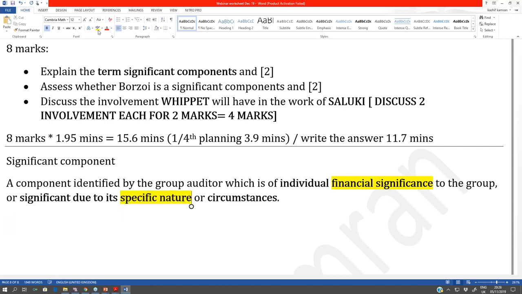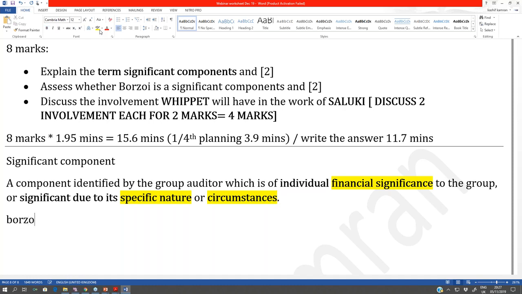I've given you an example, and it could be important on the basis of the circumstances. So try to realize that what makes a component significant is either financial significance, a specific nature, or circumstances. Now we need to see whether Borzoi is a significant component.